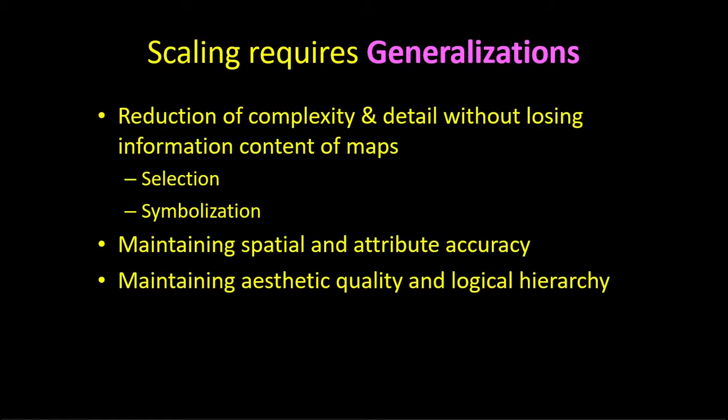There's two ways to think about this, and we have selection and symbolization. So for selection, think of this as kind of which features do I include at a certain scale. For example, do I keep all of the cities and towns in central Indiana or just those above 20,000 people? So I'm trying to make a choice there. Do I have them all? And if I do have them all, there might be a problem.